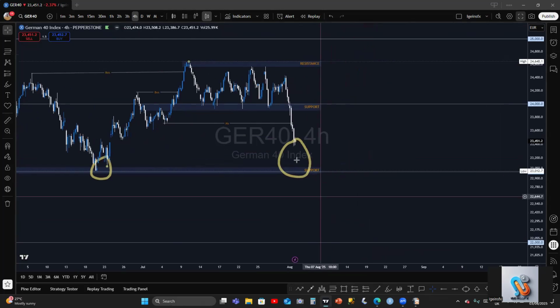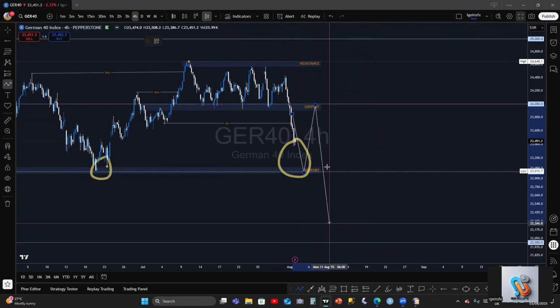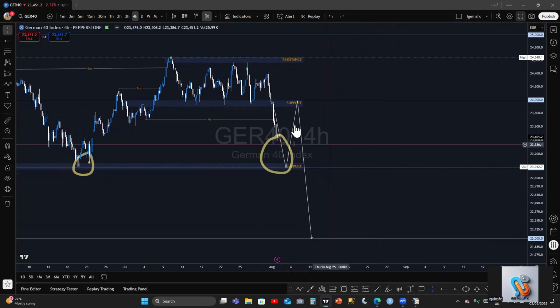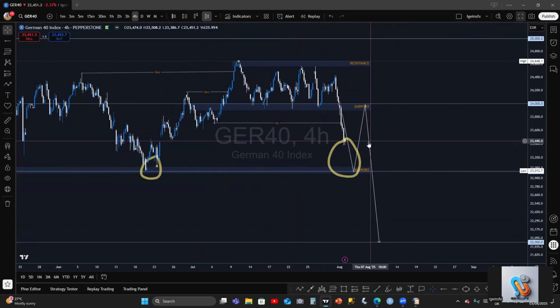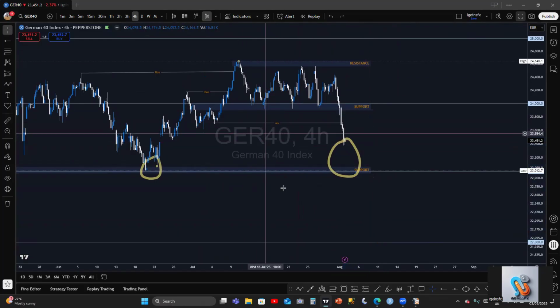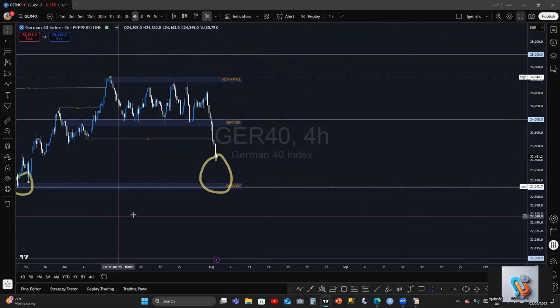If the reaction is price pushing back to this resistance level, then it will now drop. So until then, we're just going to be watching.